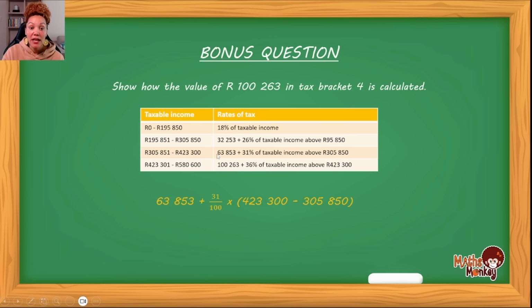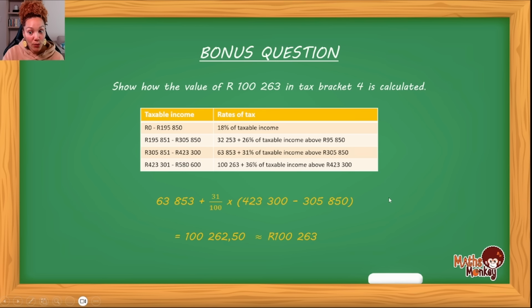So I would say this value plus 31% of this value in the same bracket minus this, and it gives us the next bracket's start value. It's always the bracket before the value they're actually asking about. Simplified, you will see that you get 100,263.